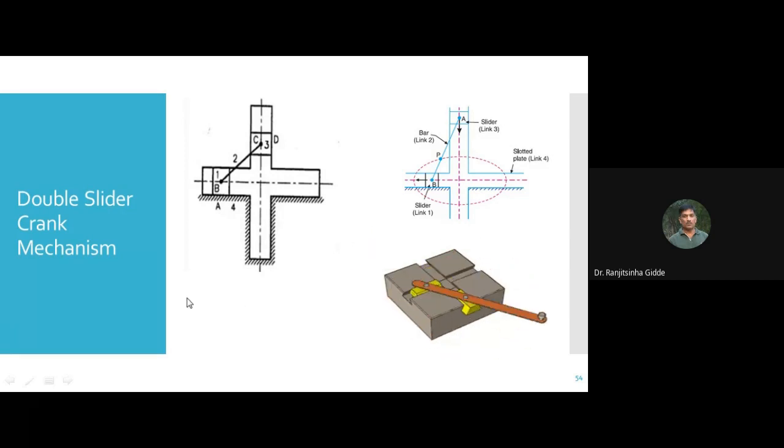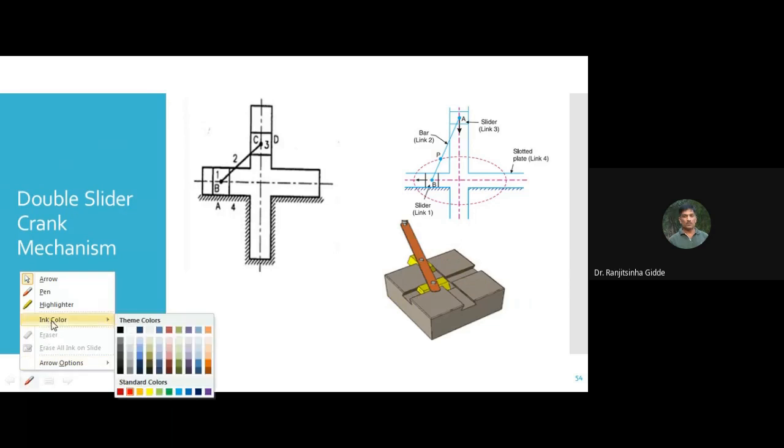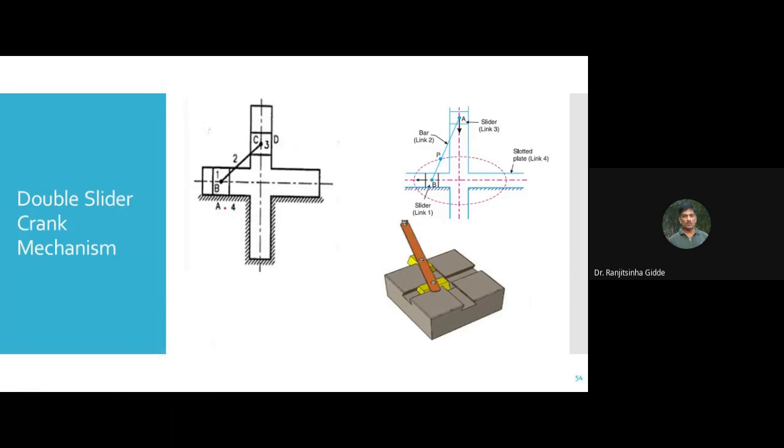So here you can see the construction. This is link 1 and link 2. At this point B there is one turning pair, and at this point C there is one turning pair. You can check this diagram. This is a slider, and this is a slider.